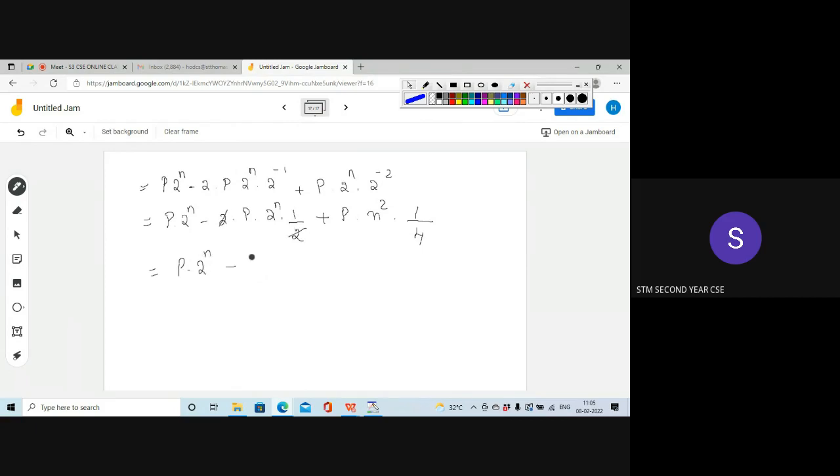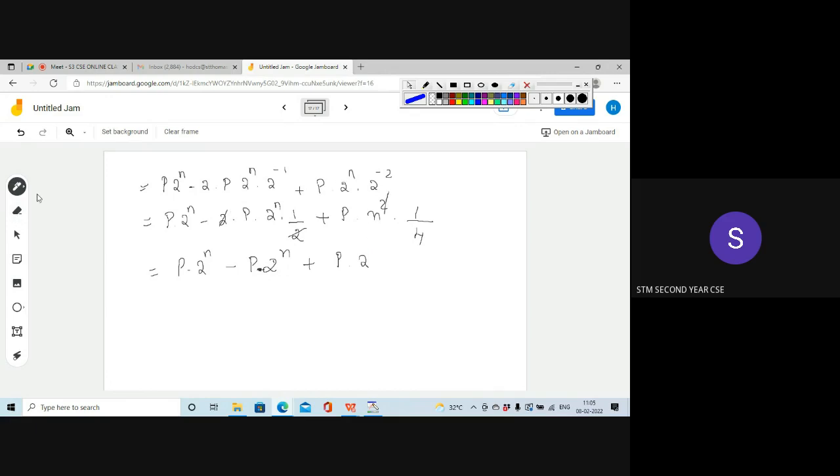You get minus p into 2 raised to n minus p into 2 raised to n. Okay, this is p into 2 raised to n plus p into, oh sorry, this is 2 raised to n, right?